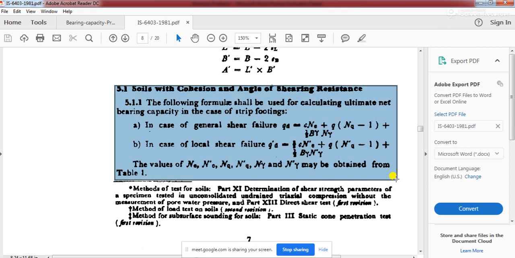Any doubt? Sir, 2/3 equal to 0.5? Where I have written 2/3, I have written 0.5.